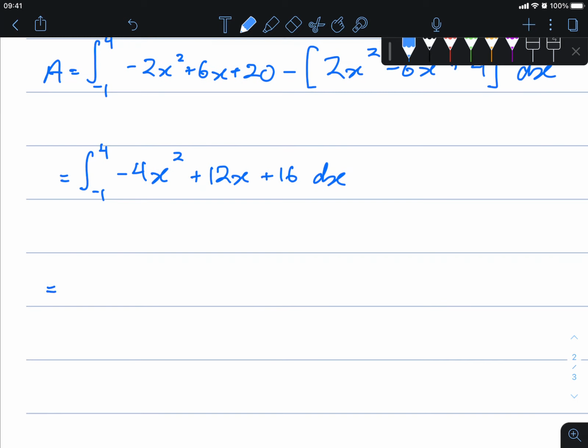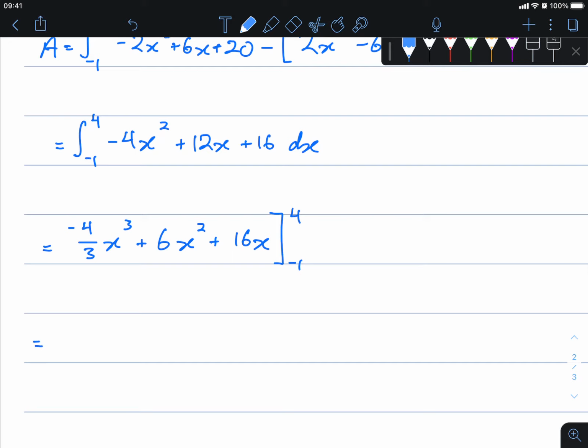Same rules as before, increase the power by 1, divide by the new power, and not forgetting about the current coefficient. Plus, increase the power by 1, divide by the new power, so 12 divided by 2 is 6. And for a constant, we just give it a coefficient of a variable of x.